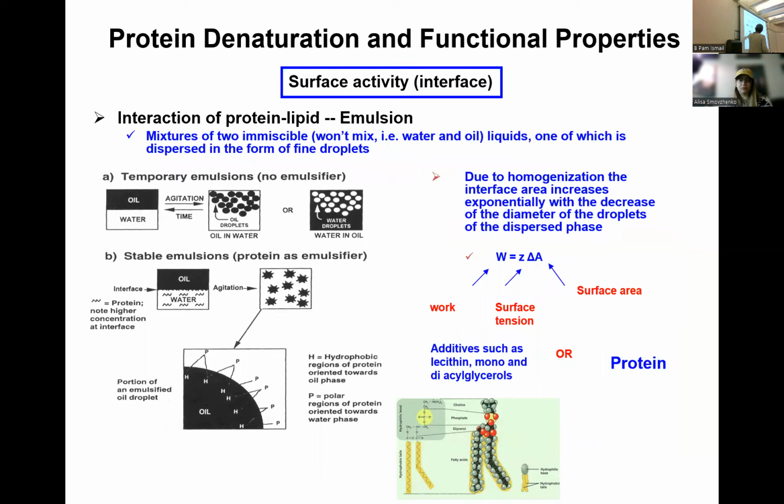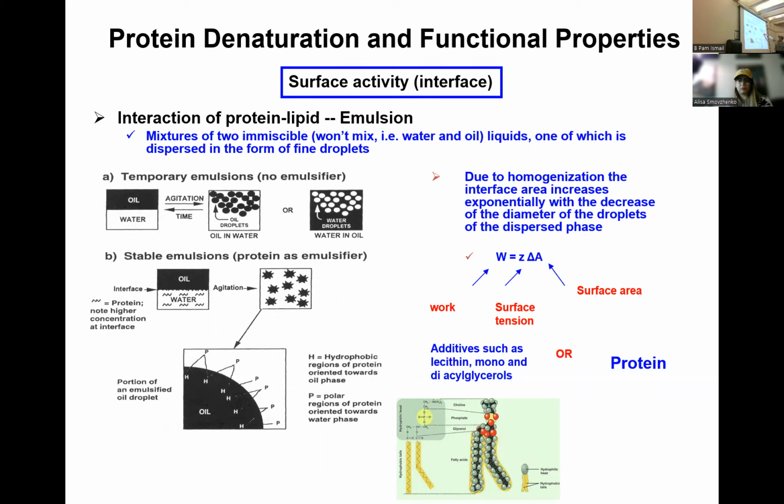With the agitation and the protein, your idea is to reduce surface tension. There is a relationship between surface tension and the work that needs to happen to reduce it. You get a great increase in surface area when you have those oil droplets. The smaller the oil droplets, the greater the change in surface area.